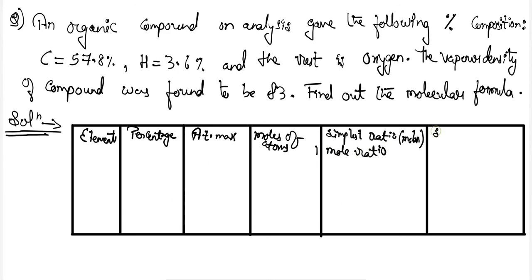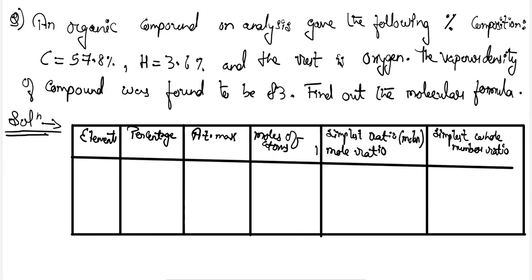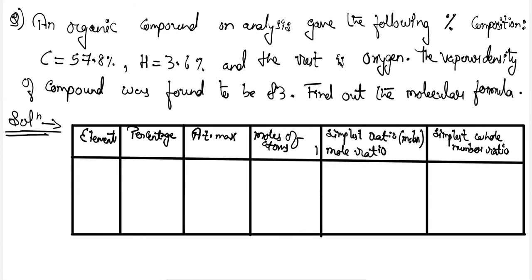And the last one is the simplest whole number ratio. Let's start to solve this question. Three elements are there here: carbon, oxygen, and hydrogen.